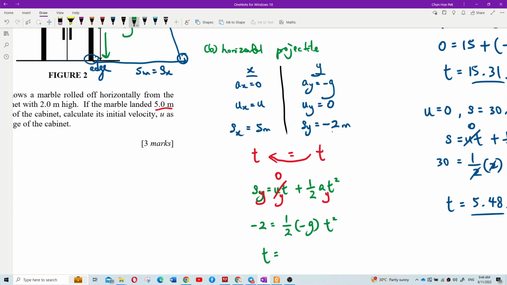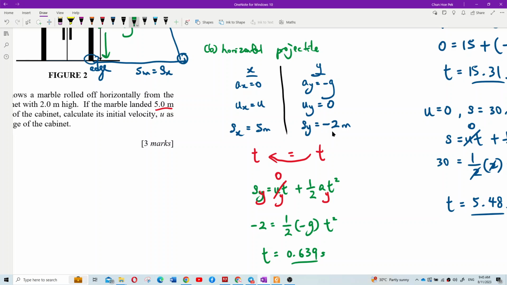Okay, so the answer is 0. Wait. Let me check the answer again. 2 times 2 divided by 9.81, and then square root, the answer is 0.639 second.